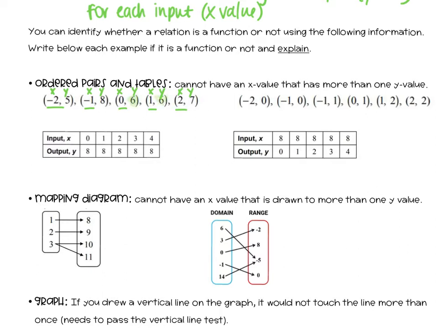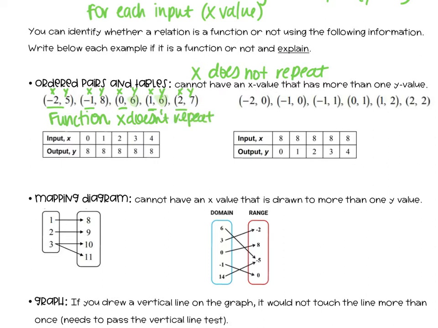There's a 6 on both of them, but the x value does not, because one has 0, one has 1, so that is okay. So if it helps you, you can say x does not repeat. All right, so this one in this case would be a function. And you could say x doesn't repeat for your reason.